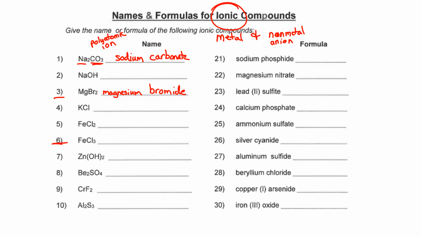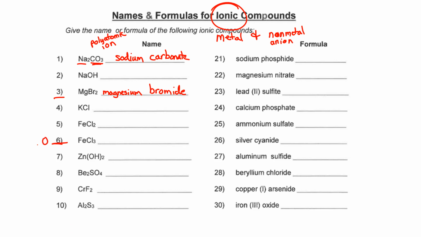Now, what's special about number 6? That's not what makes it special. What makes iron a transition metal? So that means iron can have 2 different charges. So I don't know the charge automatically of iron, but I do know the charge of chlorine. What is the normal charge of chlorine? -1.